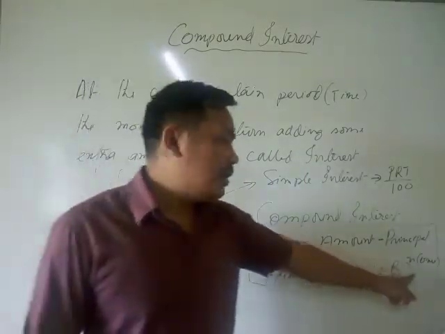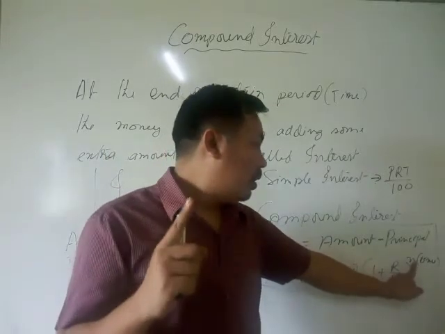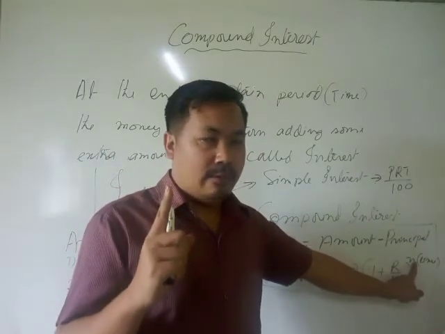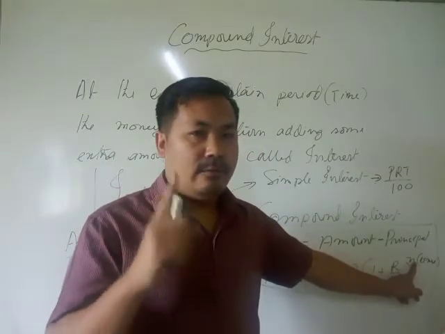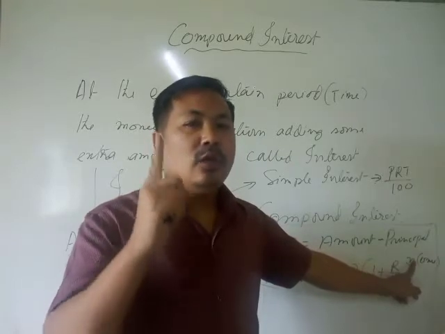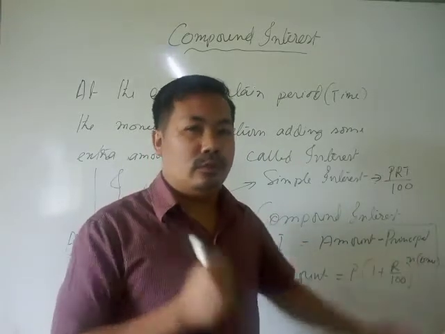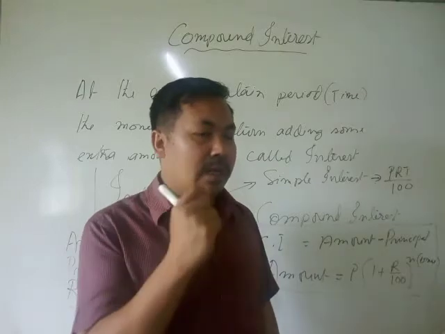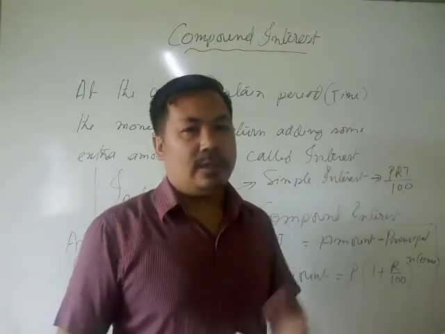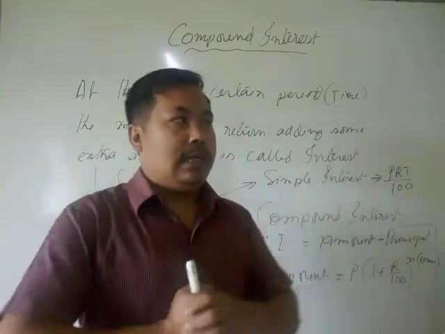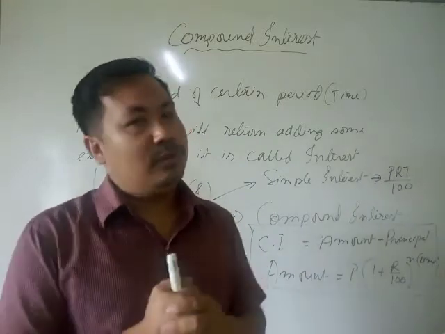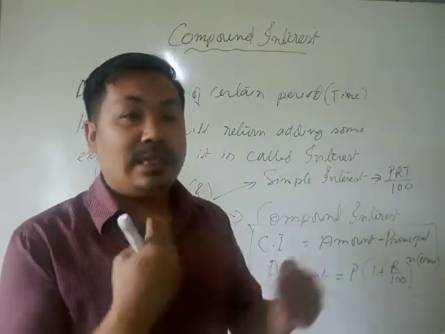Annual means, suppose annually, n will become 1. Half yearly for 1 year means in 1 year 2 halves are there, so this will become 2. Half yearly compounded or annually compounded, then we have to be aware of these two terms or versions.